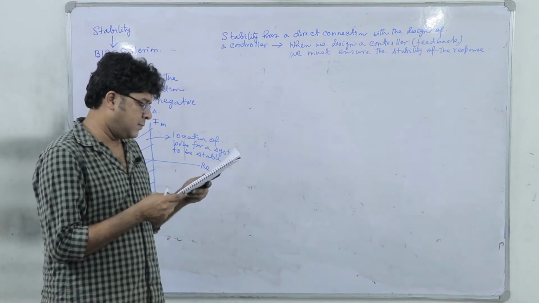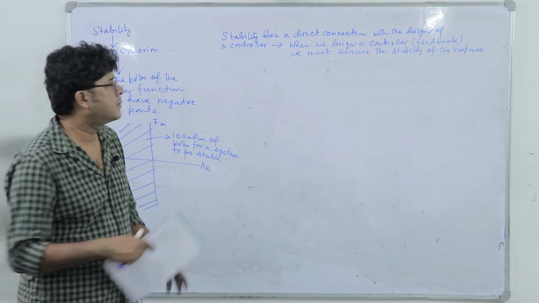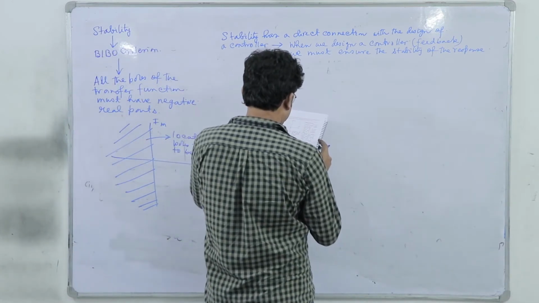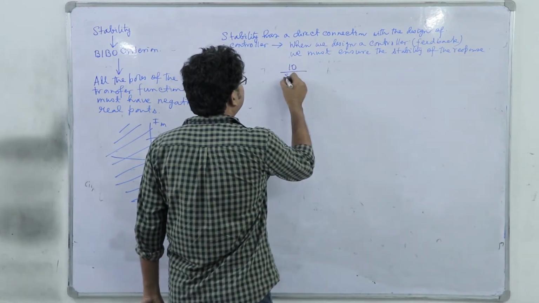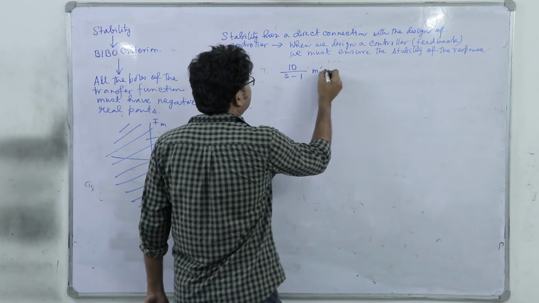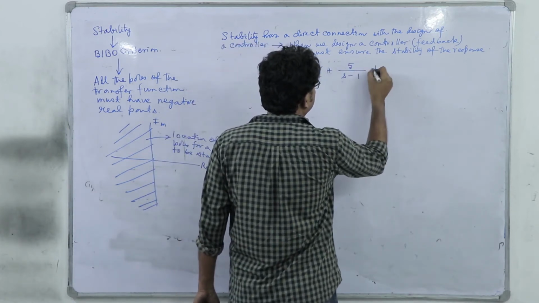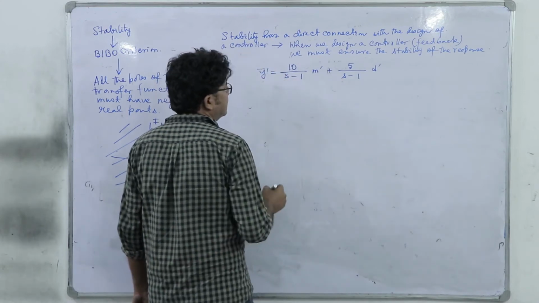So, our first example, see, a system is, let us say, 10 divided by s minus 1 into m prime plus 5 divided by s minus 1 into d prime. That is the open loop response.